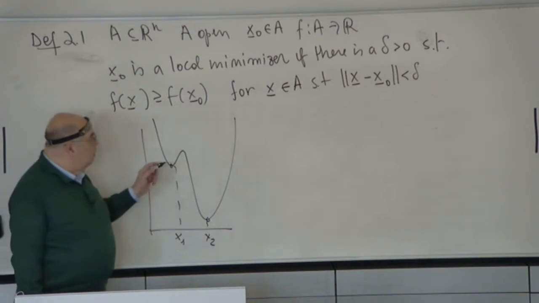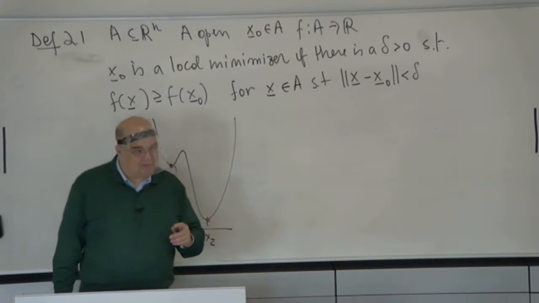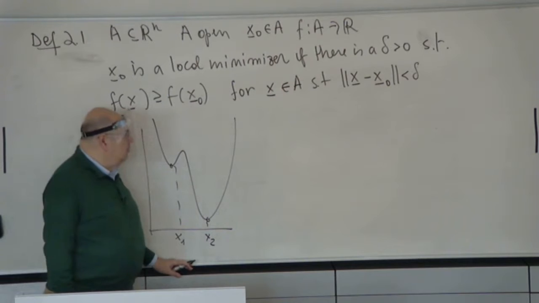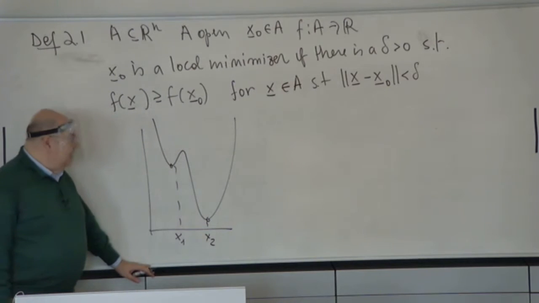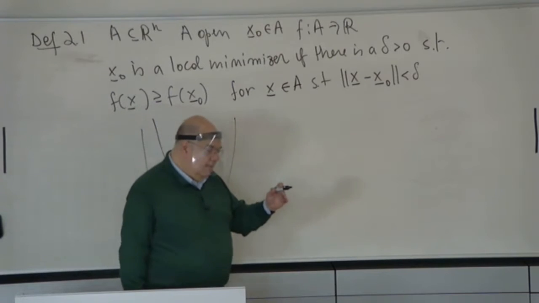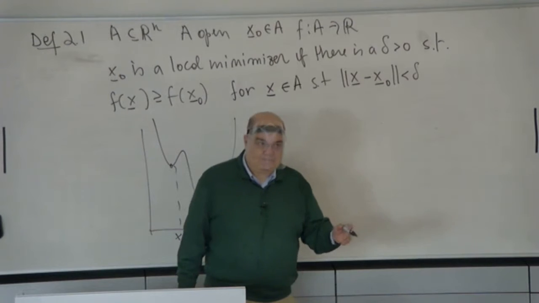Now, the search for global minimizers and maximizers, global extreme values, is much more difficult because usually you don't have many ideas about how the function is. But there are many cases where finding the local minimizer means finding the global minimizer.